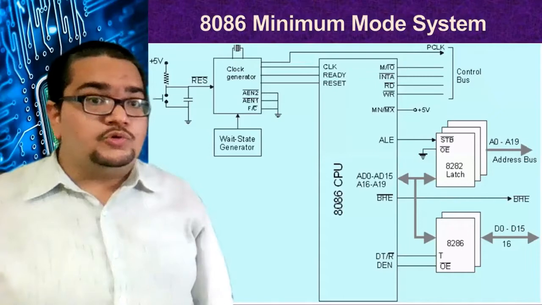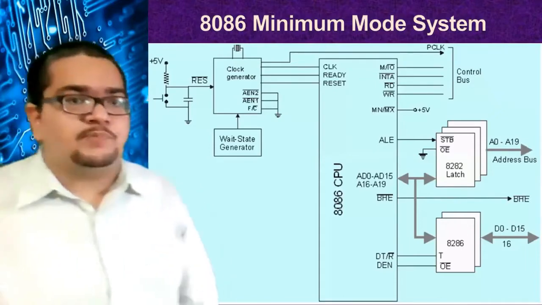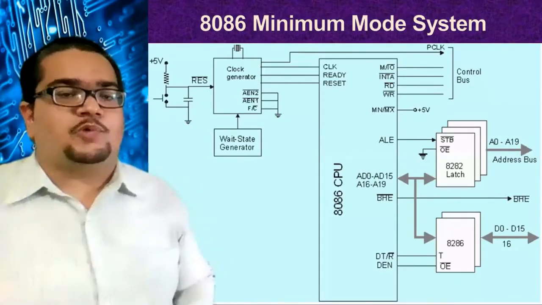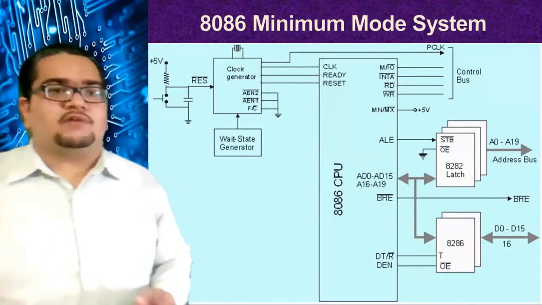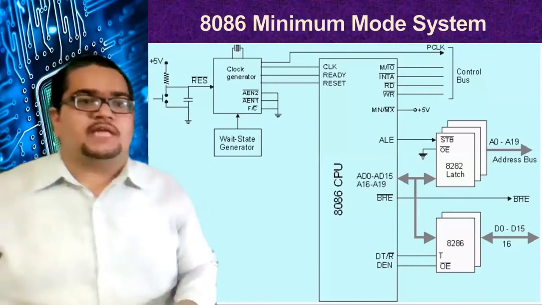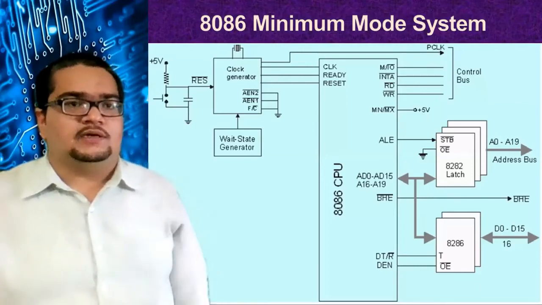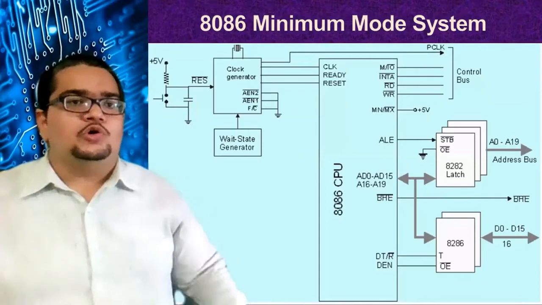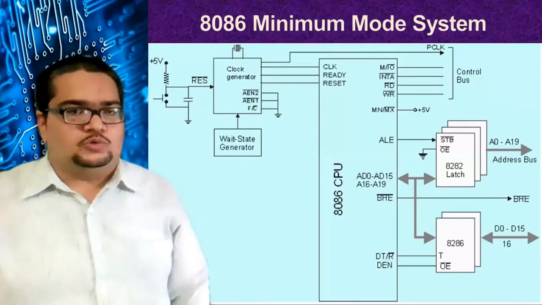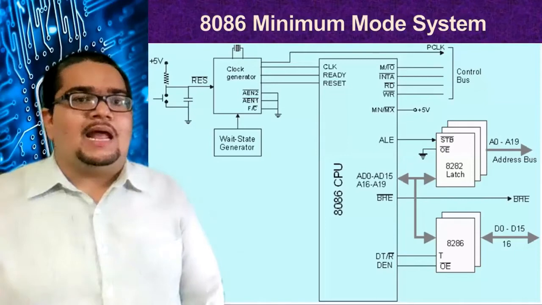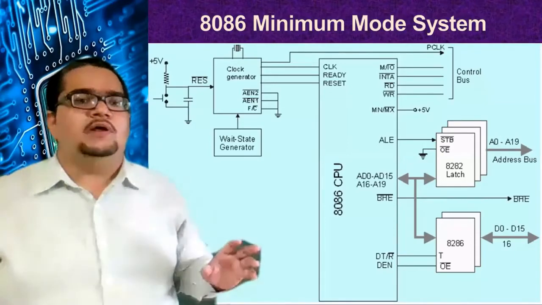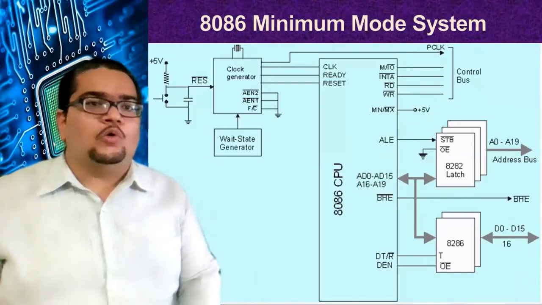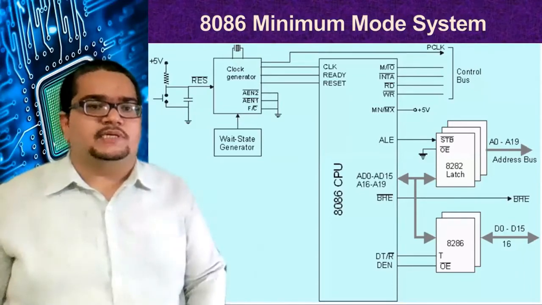We would have been able to use it, but the 555 is not efficient enough to provide the timing required by the 8086 system, because the 8086 system requires a 5 megahertz to 10 megahertz working clock frequency, and a 555 can give up to 2 megahertz of clock only. So obviously that is one reason. And the 8284, as I said, handles all sorts of clock requirements of the whole system. That is why we use it.